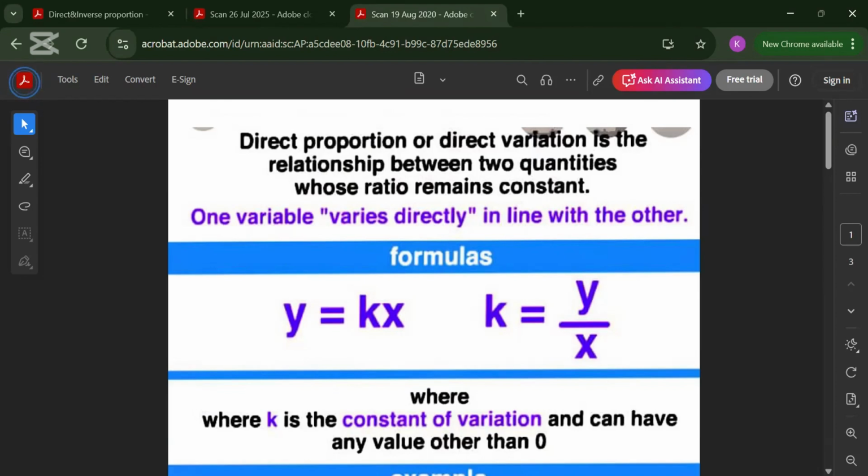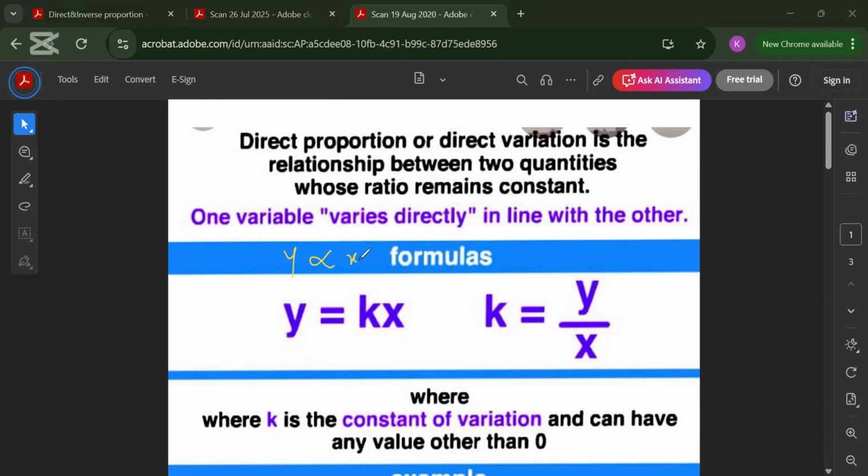And we consider that y is one quantity and x is another quantity. This might be numbers, this might be our given situations. So when we say that y is directly proportional to x, this is the sign of proportionality.